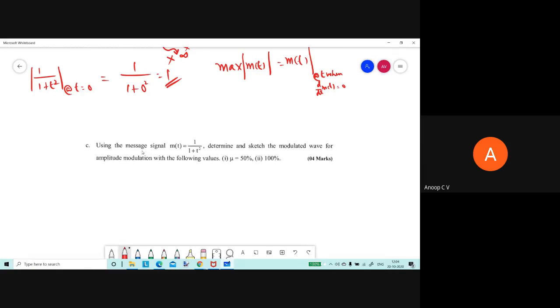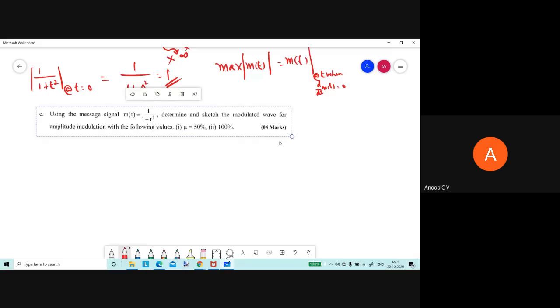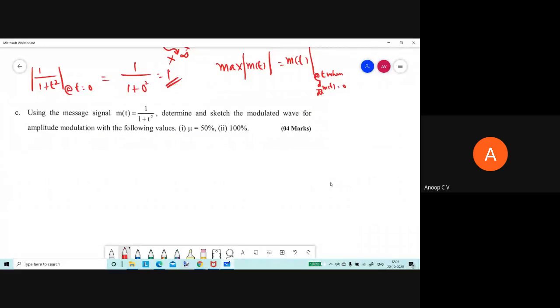So, control V. Yeah. Now, once again, we'll write: m of t is given. m of t is 1 by 1 plus t square, and c of t we'll assume Ac cos 2 pi fc t. And what else is given?